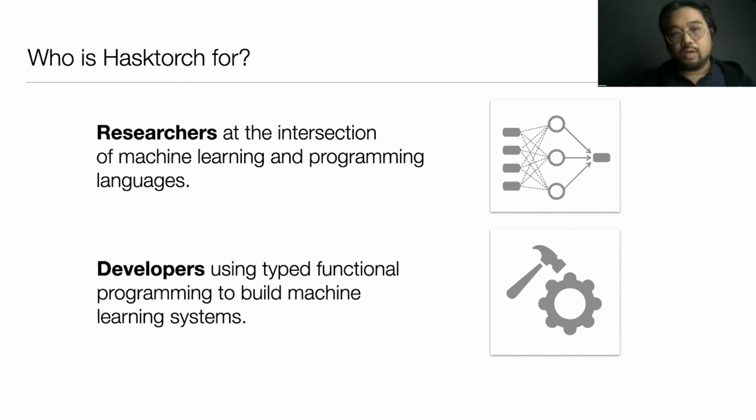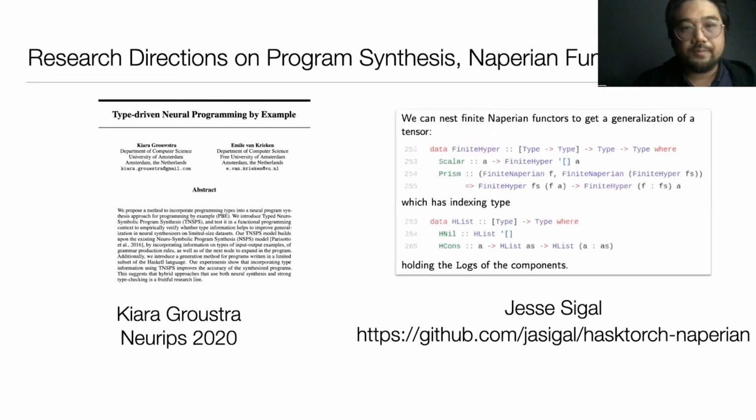How do we put type systems around neural networks, and how can we express neural networks in new ways? And second is developers who are interested in building machine learning systems using the tools of functional programming. We've had lots of community members and collaborators exploring pretty interesting things.